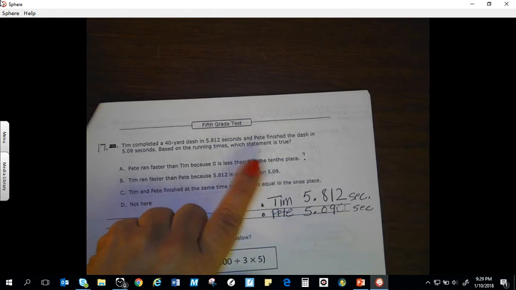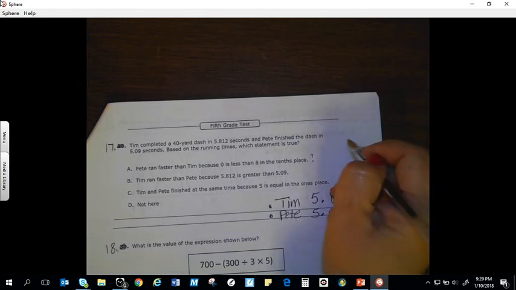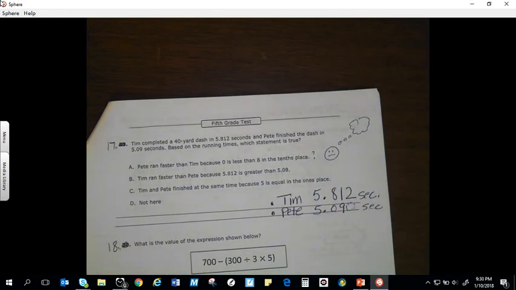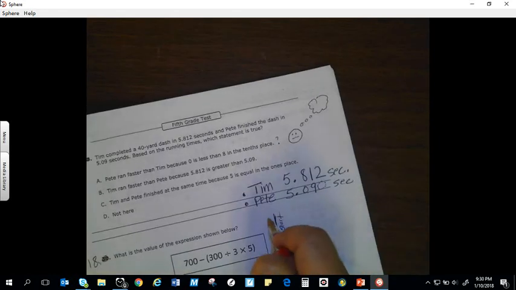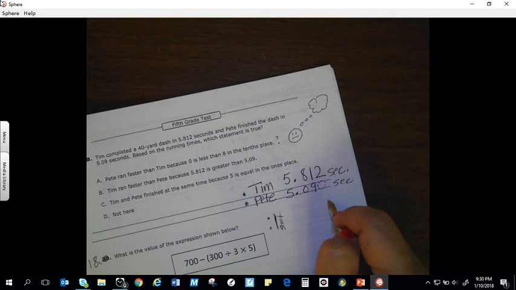It is greater. But again, think about it. Let's do a little think bubble here. Let me think. When somebody is running, and here's the start line, I'm going to put start, and this person's here, and this person's here, and here's the finish line.